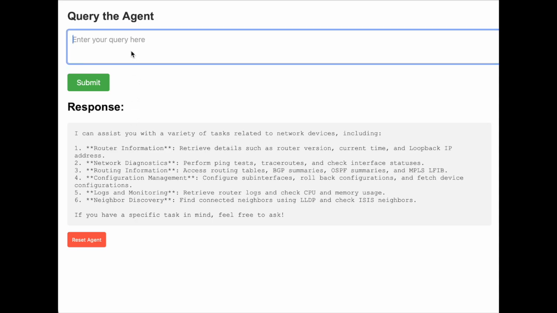Let's check router information. So, what time is it on the routers now? Any router will be okay. Well, I don't say, check all of the routers if their time is in sync.